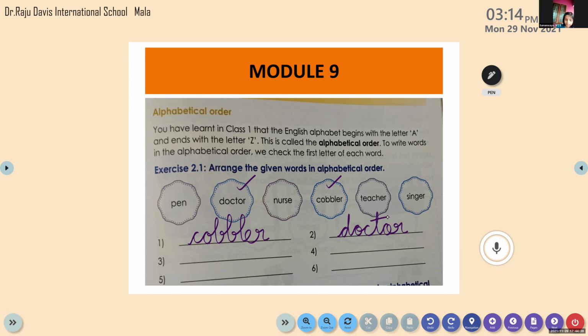Ishan, unmute. Tell me which one will come at the third position. Number 3. Nurse. Yes. N-U-R-S-E, nurse. Thank you, Ishan. Good. Sivanede, unmute. Which one will come next?